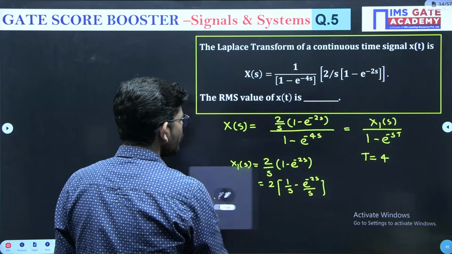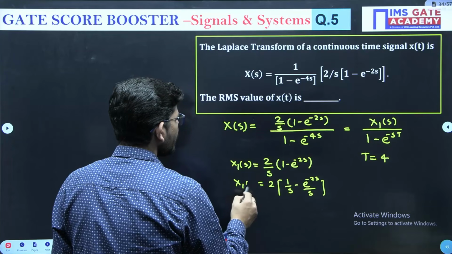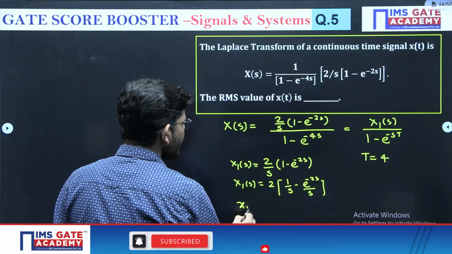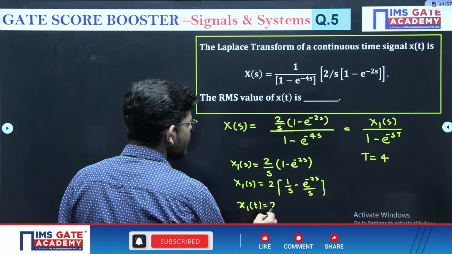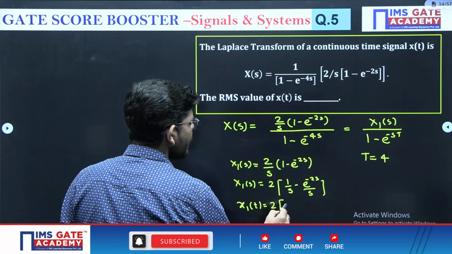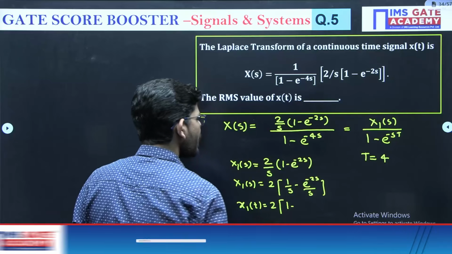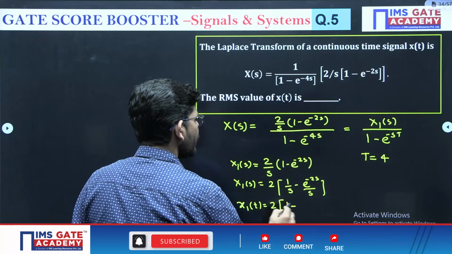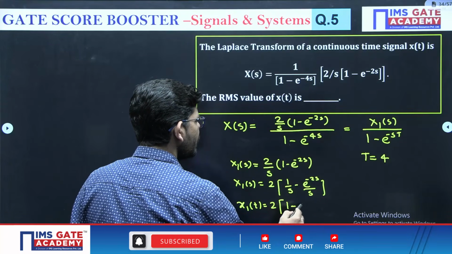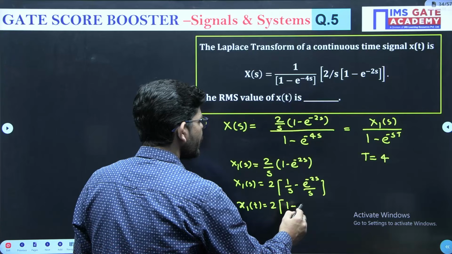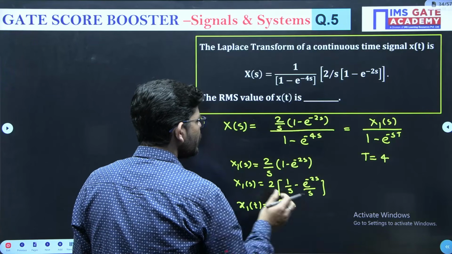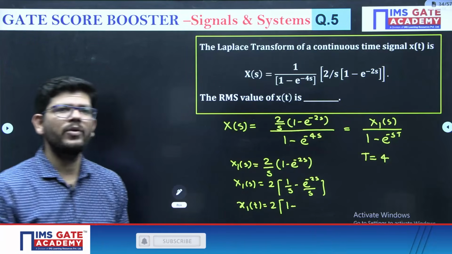Correct? So what could have been the x1(t)? If I take the inverse Laplace transform, see, u(t) has Laplace transform 1 upon s.